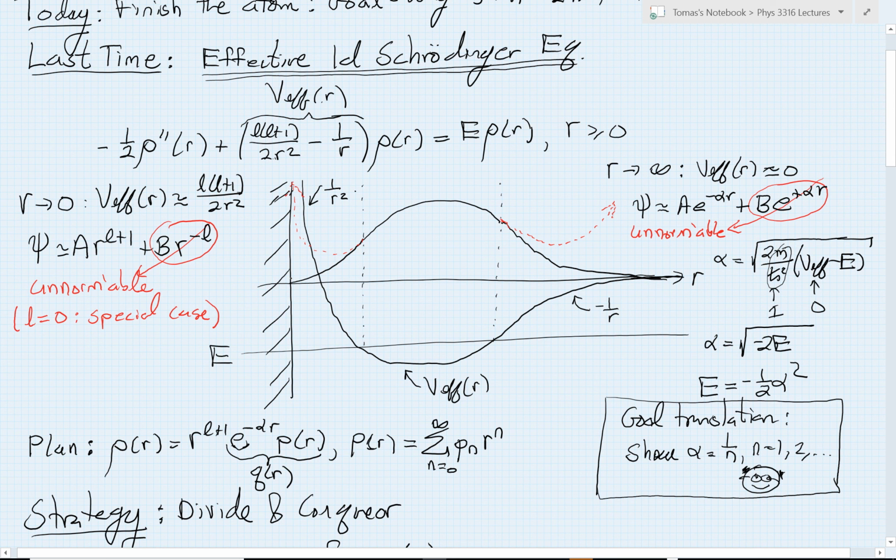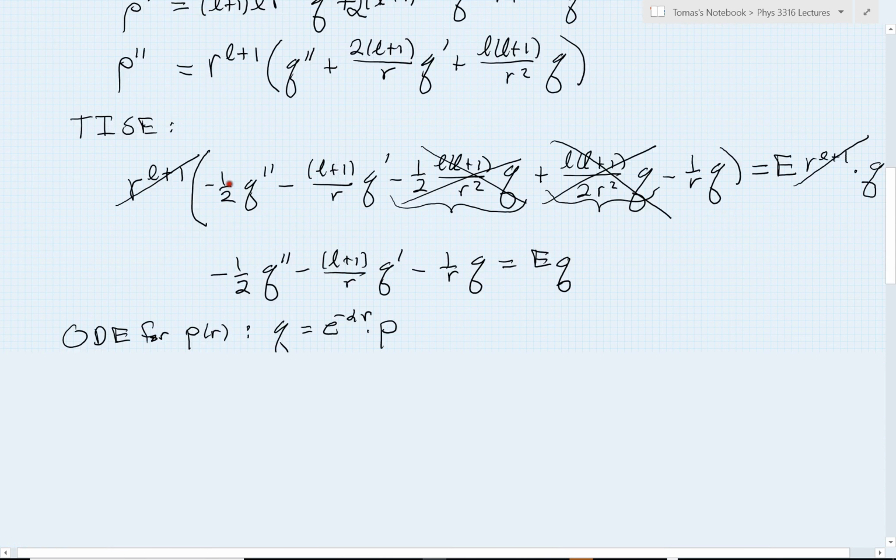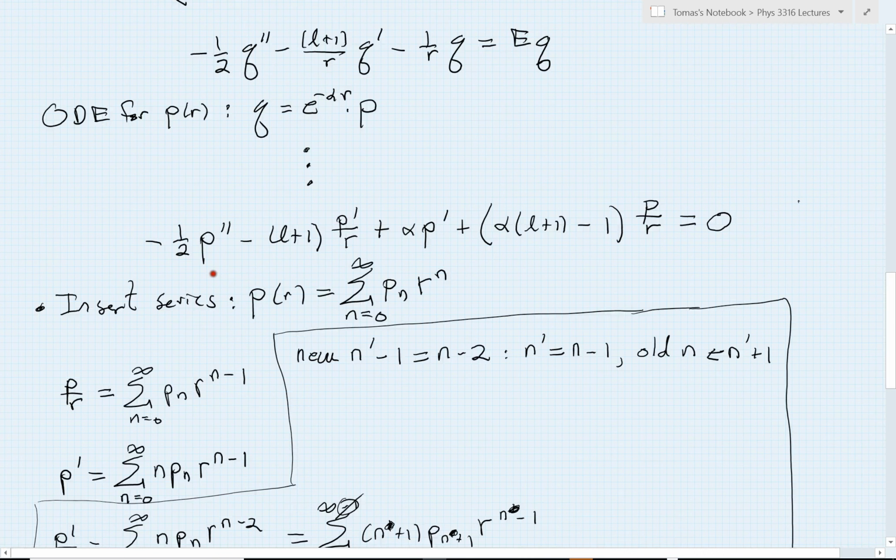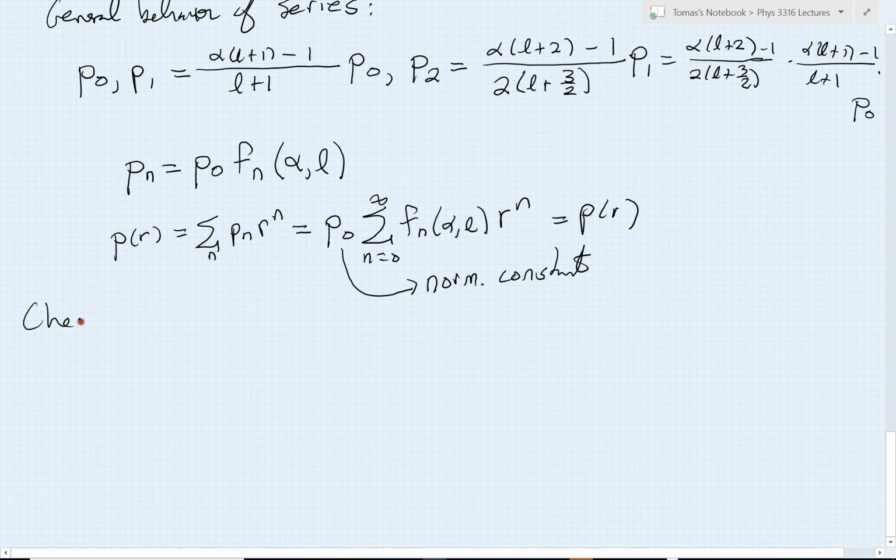Where we haven't imposed anything yet, if you think about our solution, is out here towards infinity. We have to make sure that our solution out here is an exponentially decaying solution and satisfies the boundary conditions. So we very much need to understand how our p behaves as r heads off towards infinity. So we need to check our boundary conditions.